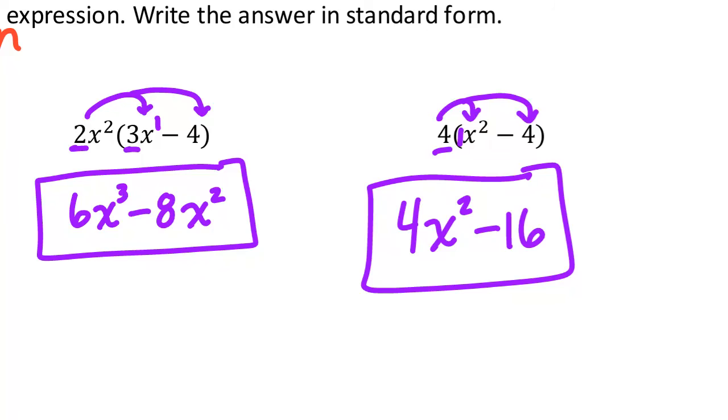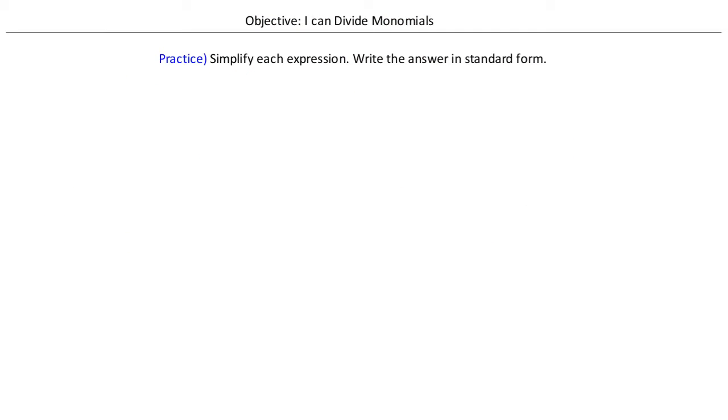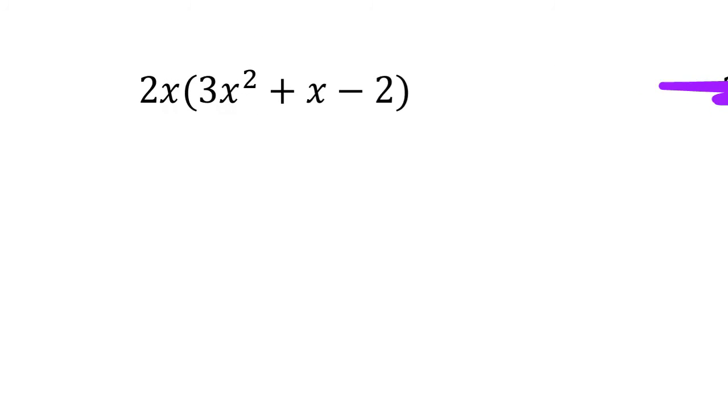All right, go ahead and try these next examples for me here. We're going to try that first one, 2x times 3x squared plus x minus 2. And you guys are trying this one.